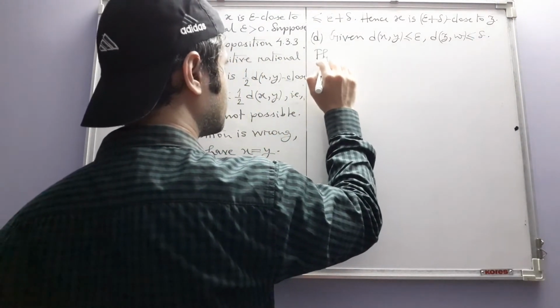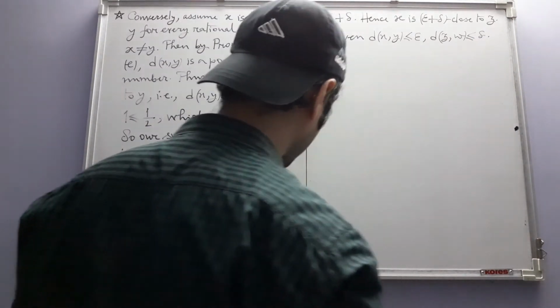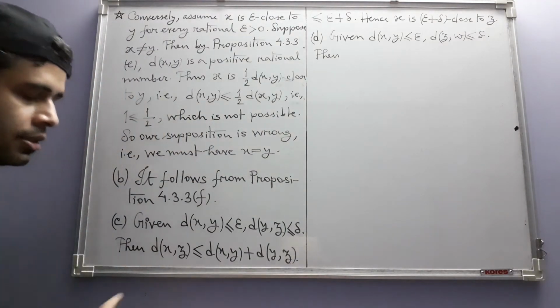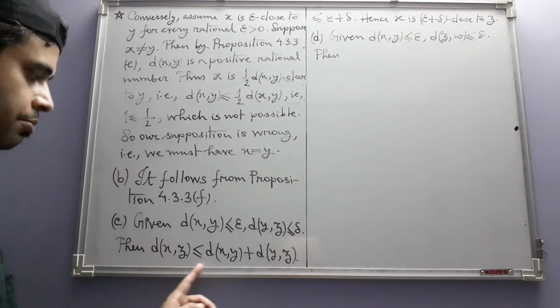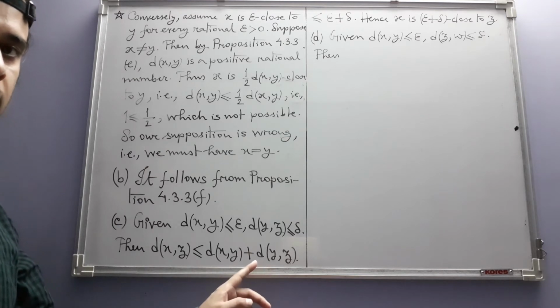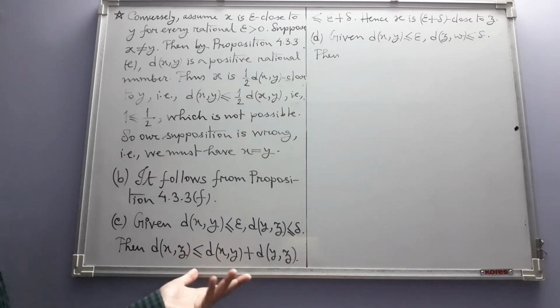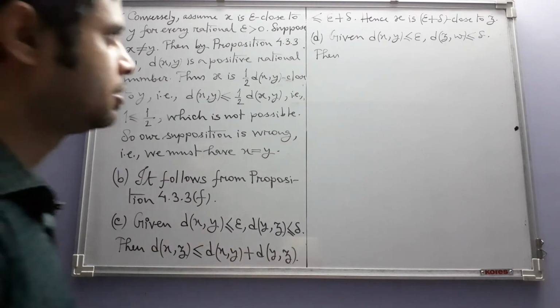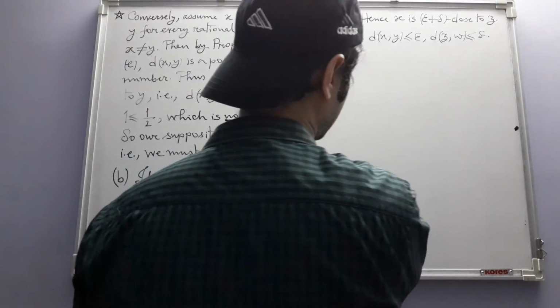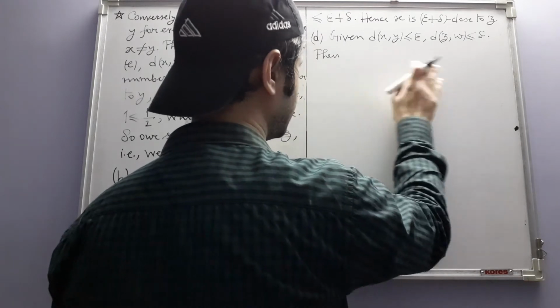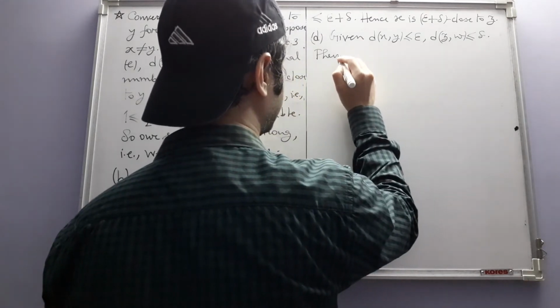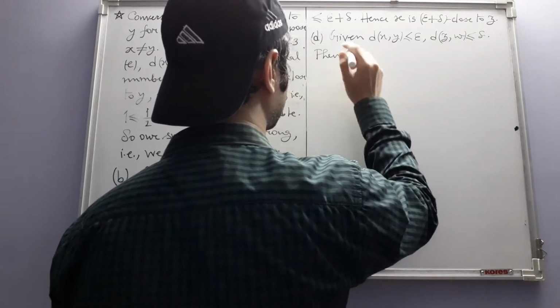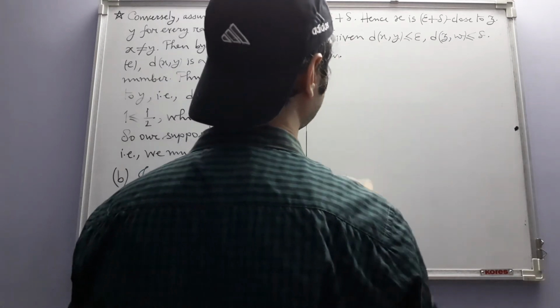Then we forgot to mention that we are using proposition 433 part G here, but that is understood. You can clearly see we have used triangle inequality of distance. So we continue to use such things without mentioning where they are coming from. Their use is obvious.